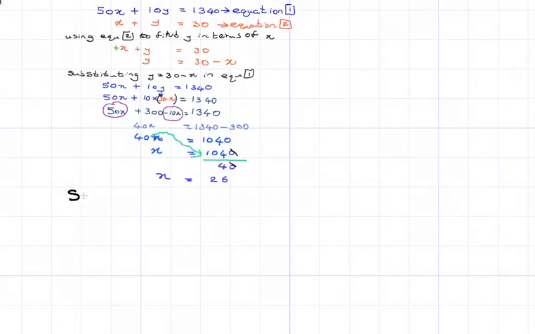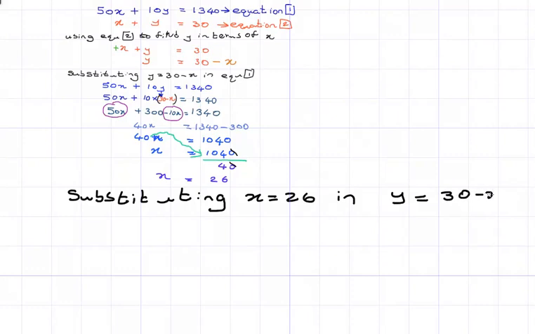So substituting x equals 26 in any of the equations. You can put number 1, number 2, or y equals 30 minus x, up to you. So I'll use y equals 30 minus x. All right.